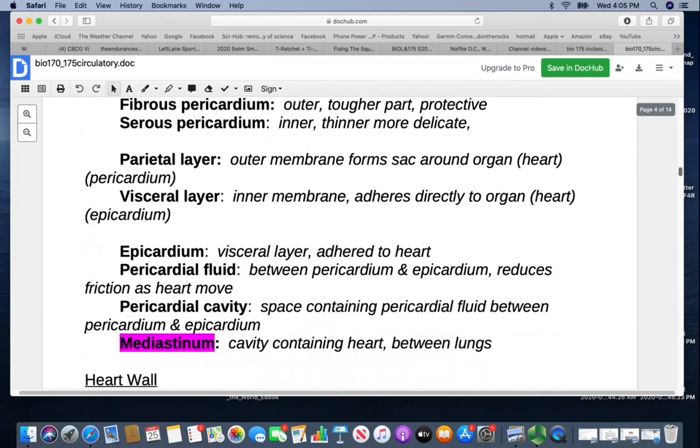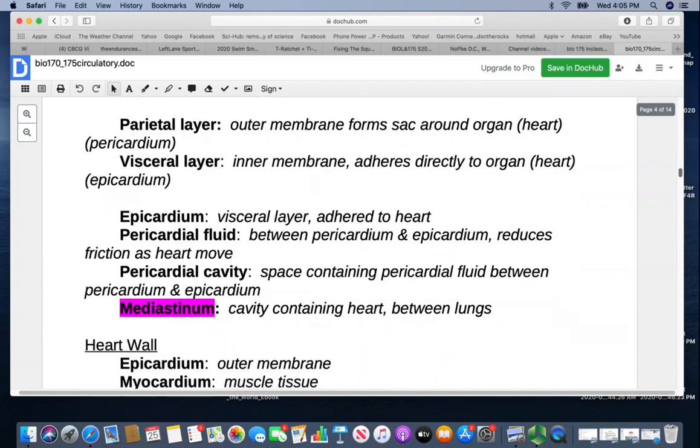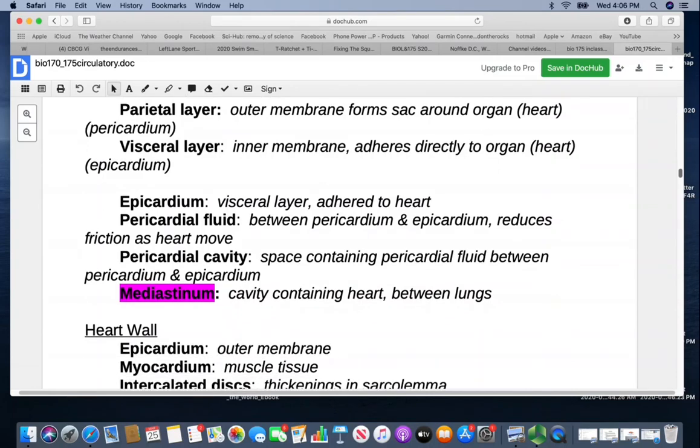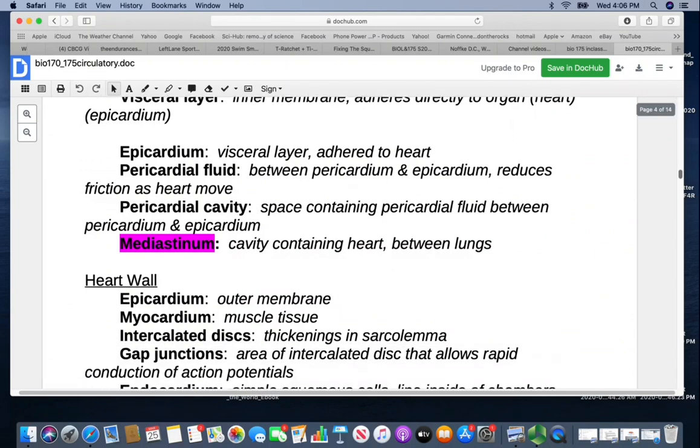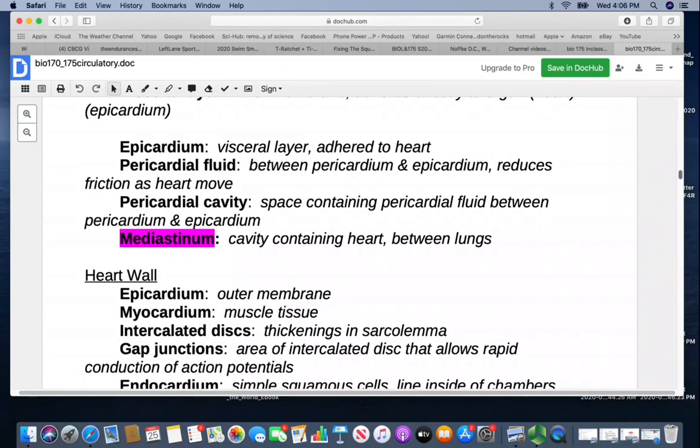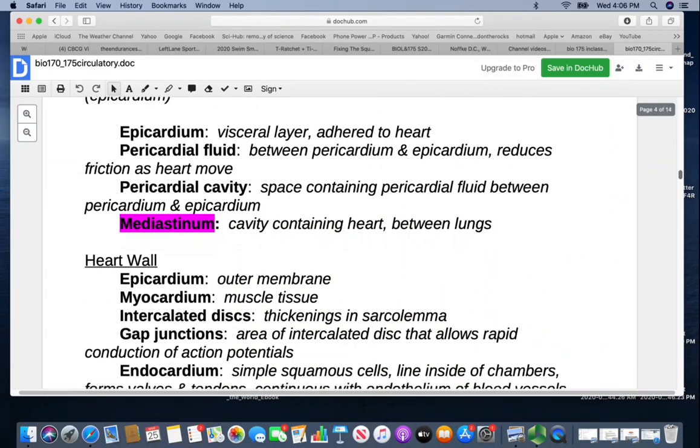The pericardial fluid is going to be between the pericardium and epicardium. It's going to help to reduce friction in there as the heart moves. So that pericardial cavity has that pericardial fluid in it. The mediastinum is the cavity that holds the heart. This is the space between the lungs.